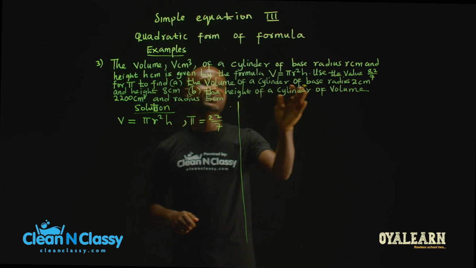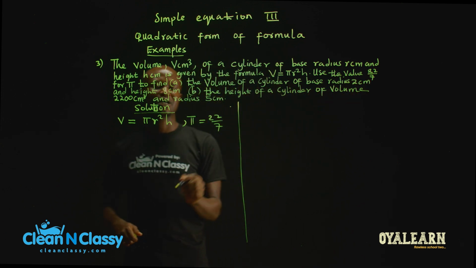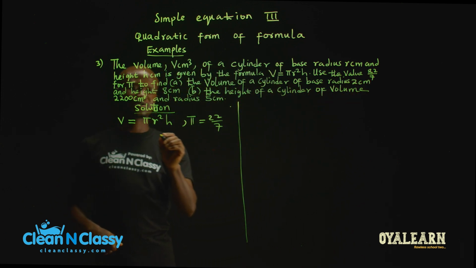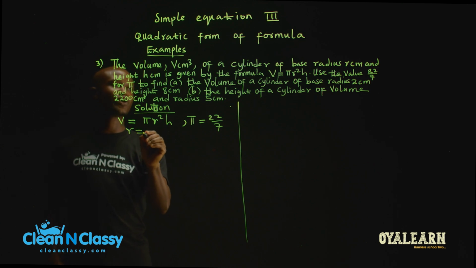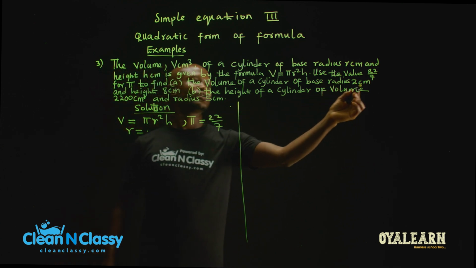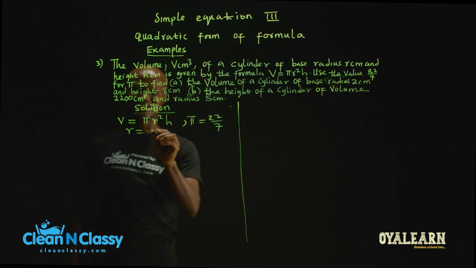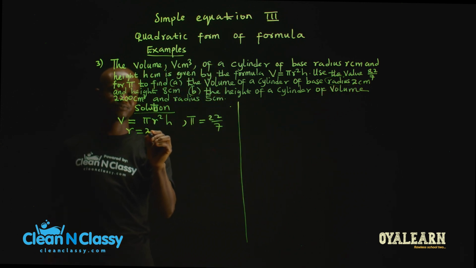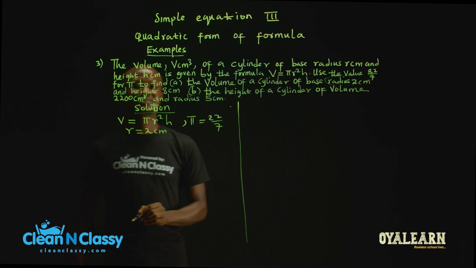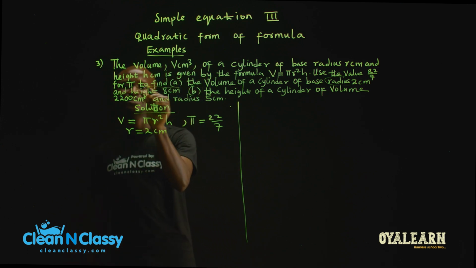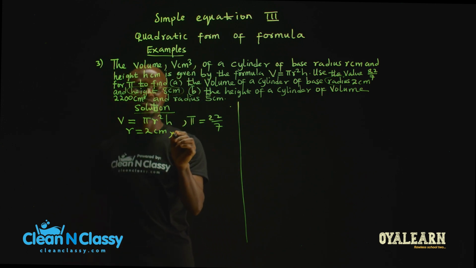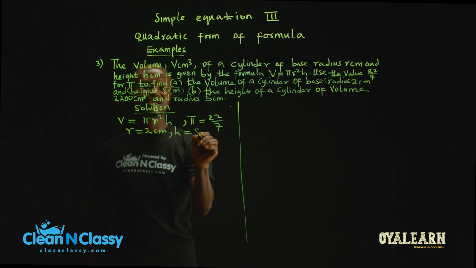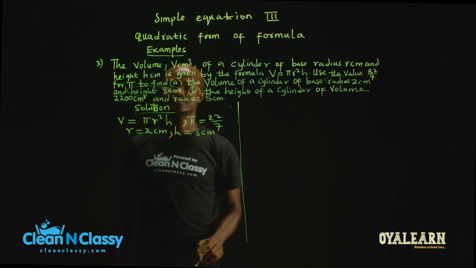Find the volume of a cylinder of base radius. Our R is the radius, so R is 2 centimeter. And what is the height? The given height, H, is 8 centimeter.